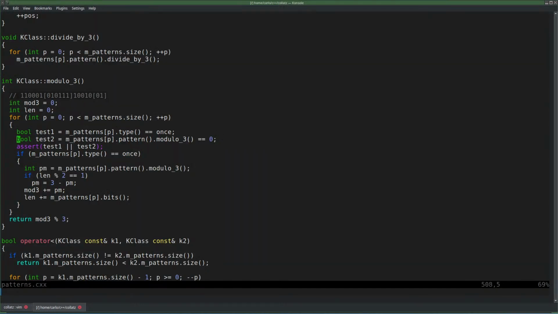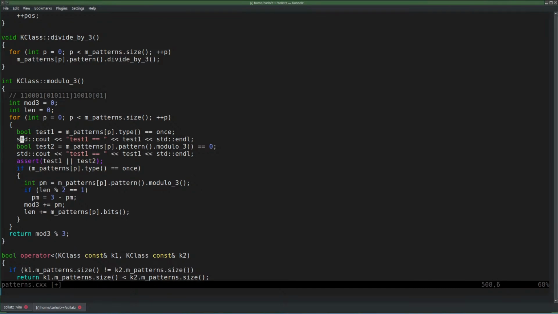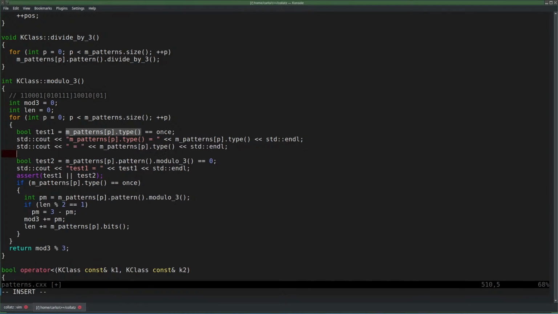I'm going to print test1 with standard cout, test1 equals test1. I'm also going to print the value of pattern's type, and even the value of ones.